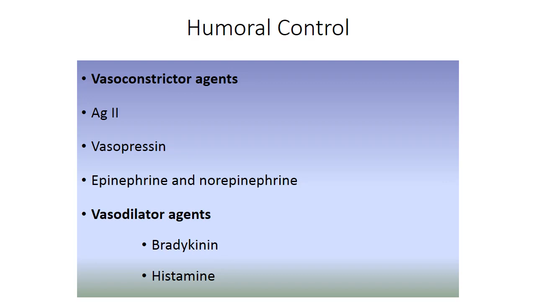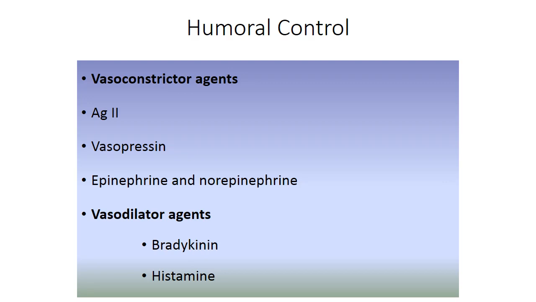Angiotensin II, we will describe it more in the next slide. Vasopressin is another agent that increases blood flow, and another name is antidiuretic hormone. It's more powerful than angiotensin II.